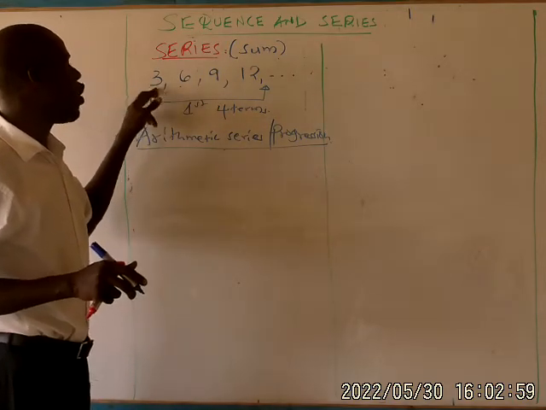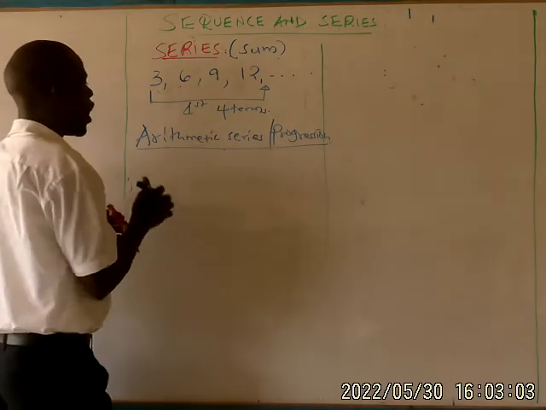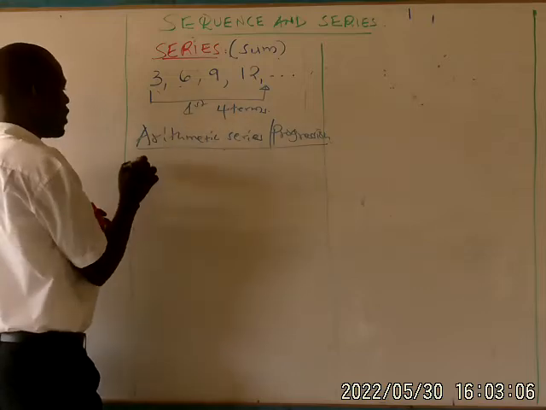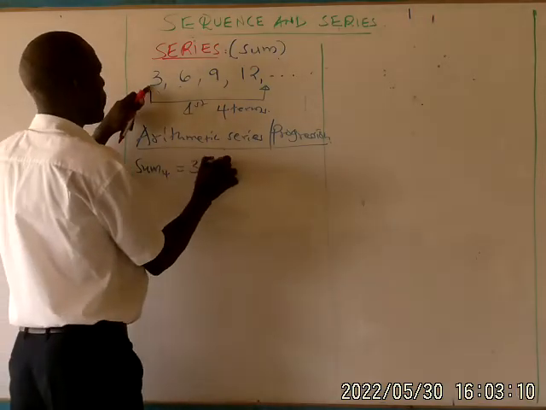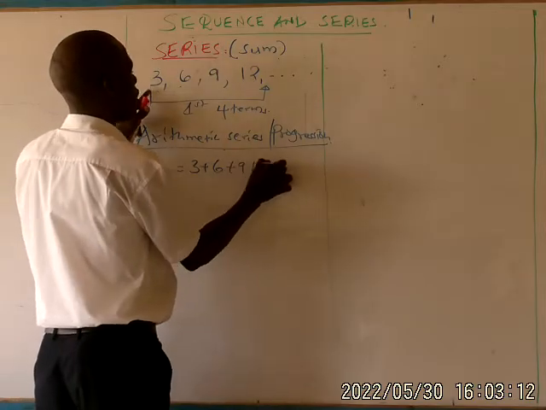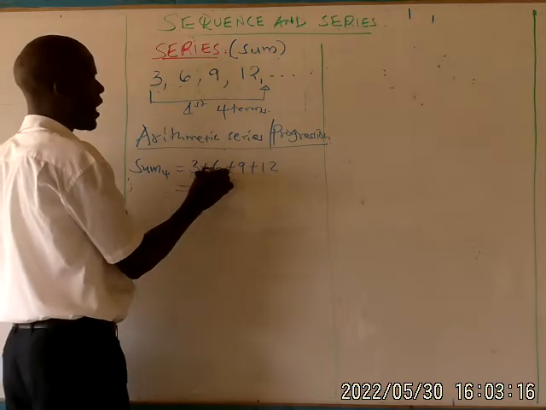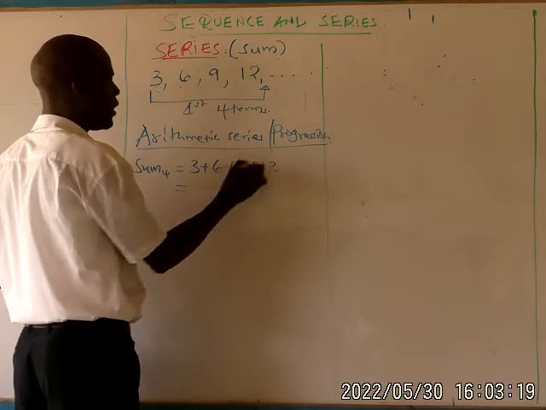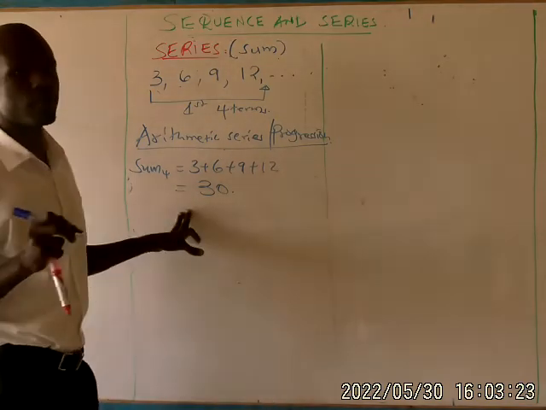In our case here, we are adding a constant 3. Now, to find the sum of the first 4, we are adding 3 plus 6 plus 9 plus 12. So 3 plus 6 is 9, 9 plus 9 is 18, plus 12 is 30. So the sum of the first 4 terms is 30.